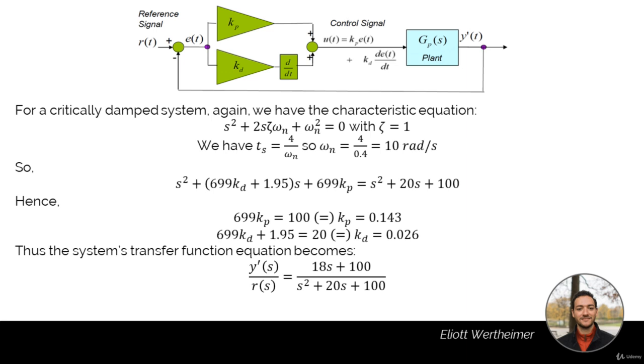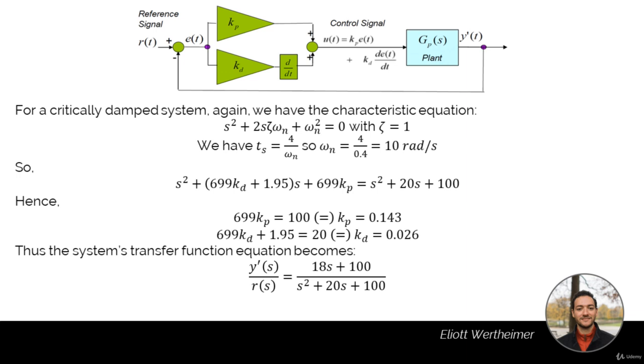As we want Ts to be equal to 0.4 seconds, we can calculate that omega n has to be equal to 10 radians per second. So plugging in all these values into our equation, we can write that the characteristic equation for the performance that we want, of 0.4 second of settling time and a critically damped system, is s squared plus 20 s plus 100 equals 0.